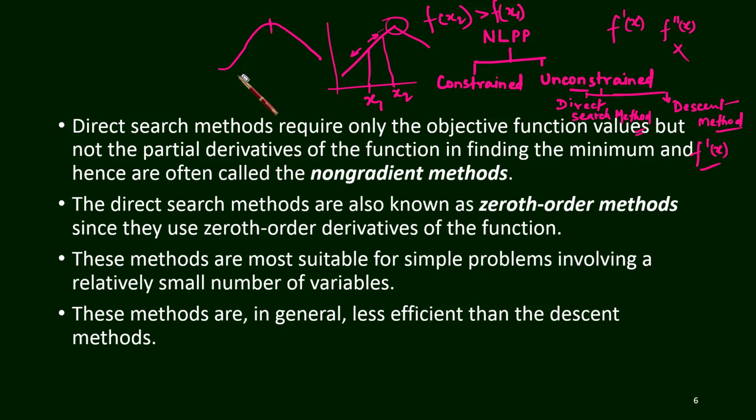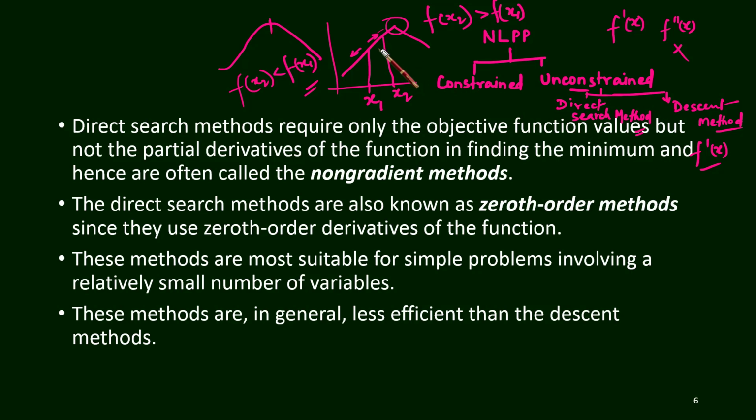But in case you find that f(x2) is less than f(x1), then obviously we need to go in the opposite direction, isn't it? So that's how we approach the maximum. So this is known as direct search method.